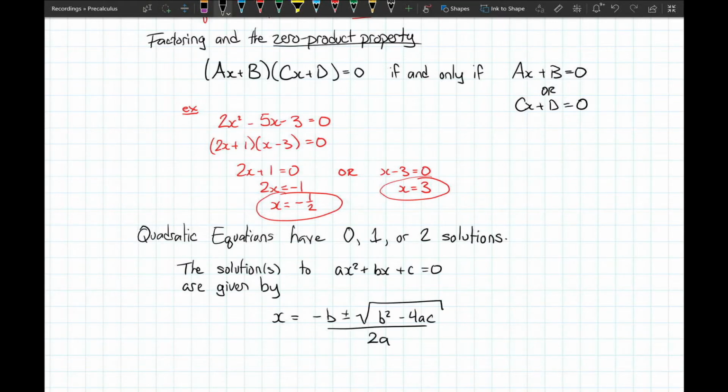The solutions to ax² + bx + c = 0 can be found simply by making sure you've got a labeled as whatever number is in front of x², b labeled as whatever number is in front of x, and c labeled as whatever constant you have when the equation is in this general form equal to 0.